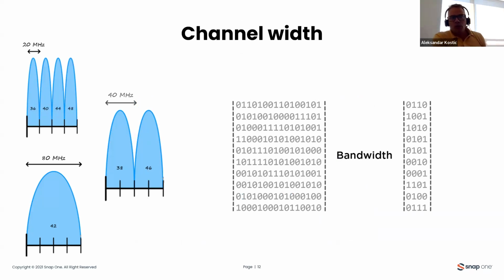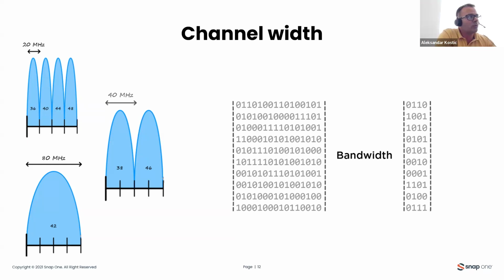So why would we change the channel width on 5 gigahertz? Simply because with a wider channel width, we provide more throughput. We provide more bandwidth on the wireless. But on the other hand, if we have a wider channel, we have fewer non-overlapping channels available.